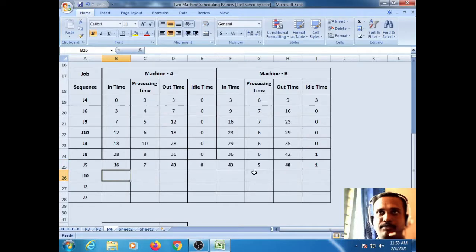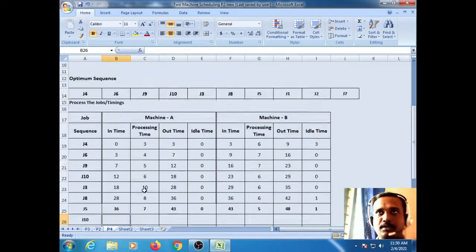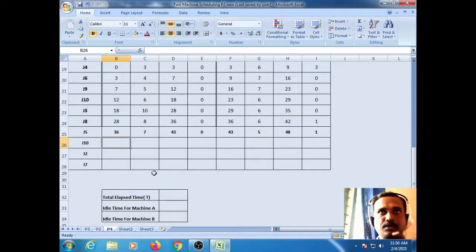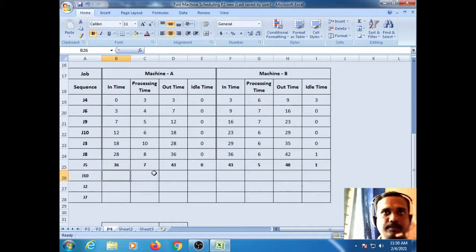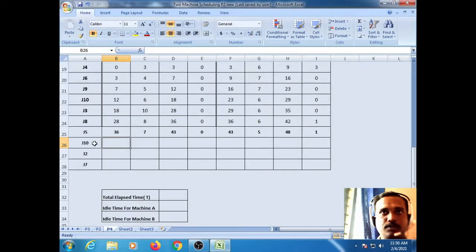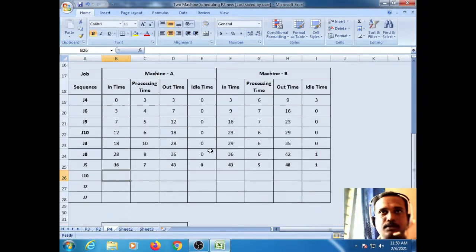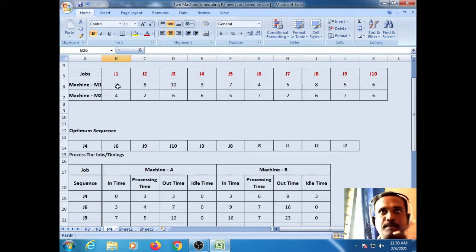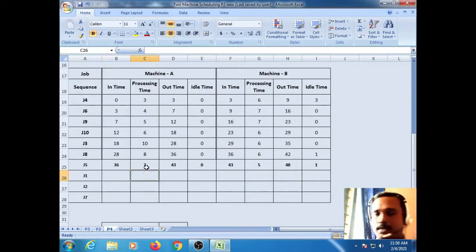Next, job 1. Job 1 processing times are 7 and 4, so here I will take 7 and here 4.